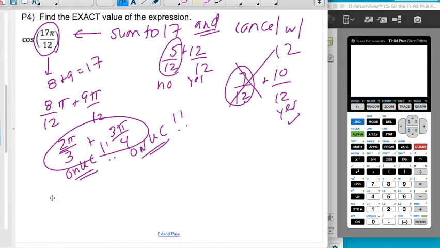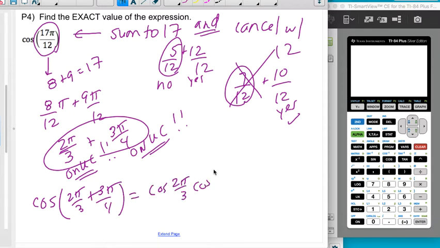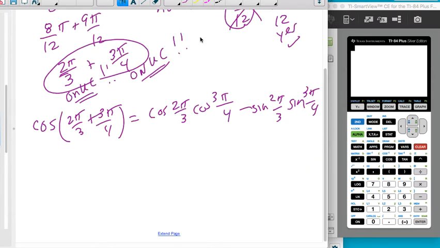So I'm going to get that this is cosine of 2 pi over 3 plus 3 pi over 4. So cos, cos, sine, sine, change the sign. Now, just a reminder, you want to know where 2 pi over 3 is, which is right here, so this is negative 1/2 comma root 3 over 2.